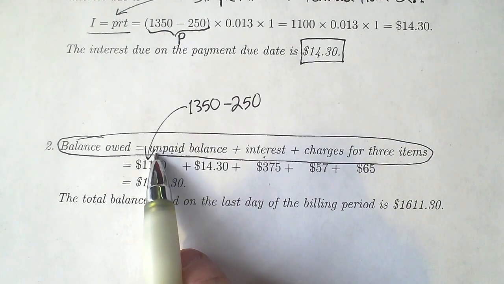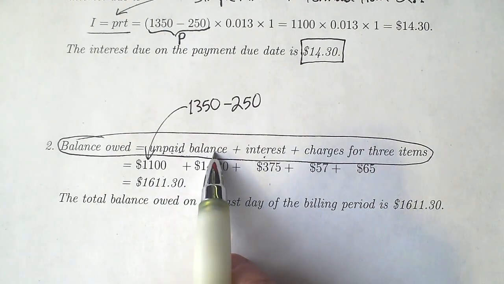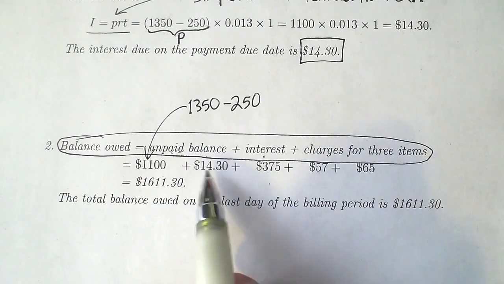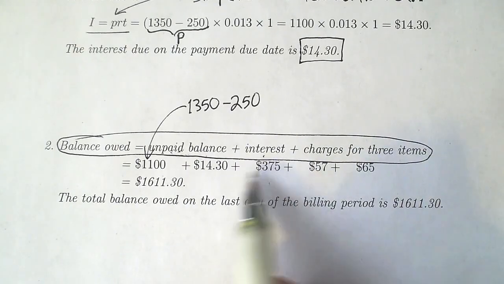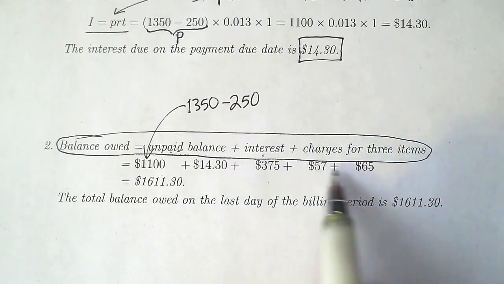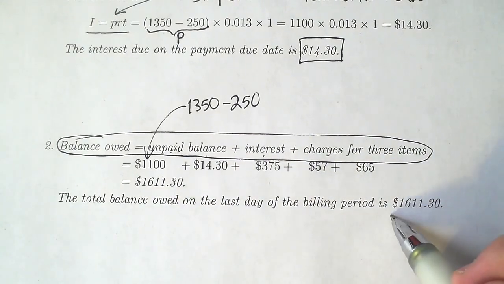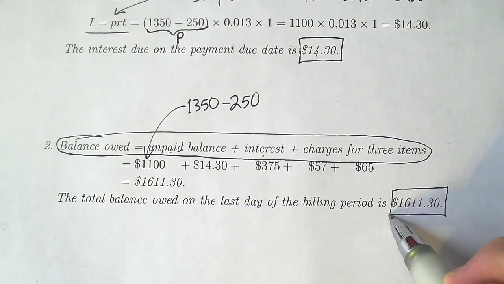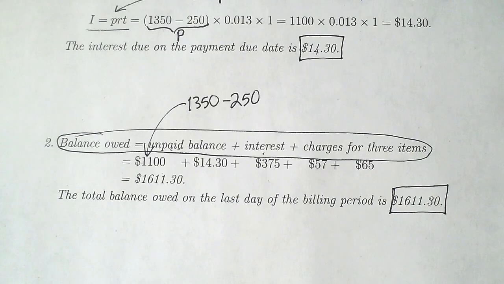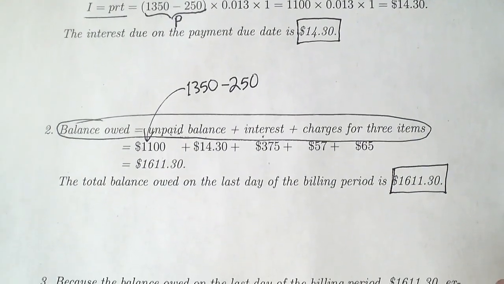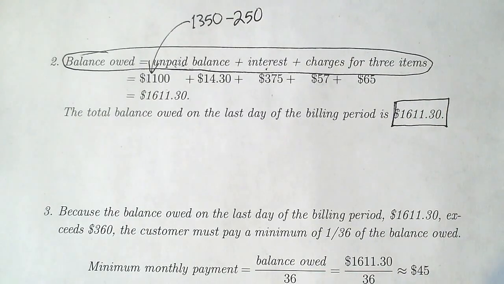So the rest of the balance that has been unpaid so far is 1100, plus the interest we found up above, plus the charges that were done throughout the month, and you get this amount. And here it is as a sentence. That's the answer for that kind of problem. And we're going to do one of these on our own in a minute. I know this one's already typed for us.